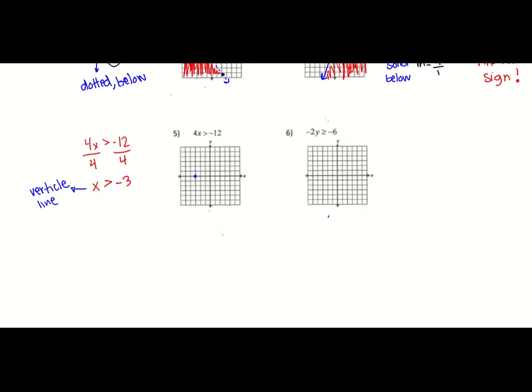In order to determine what kind of line, I need to look at my inequality. Since there is no line, this tells me it is going to be a dotted line. So I'm going to draw my dotted line at x equals negative 3.